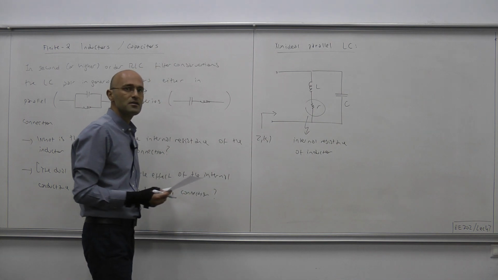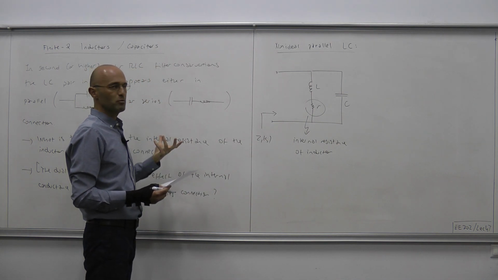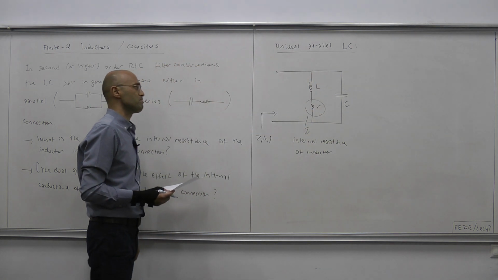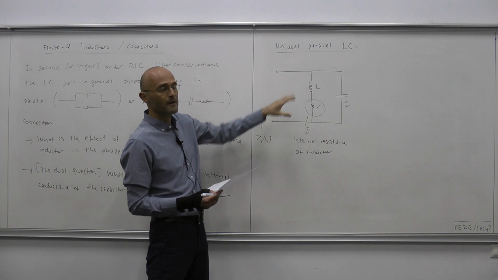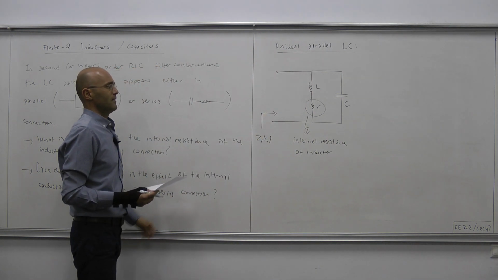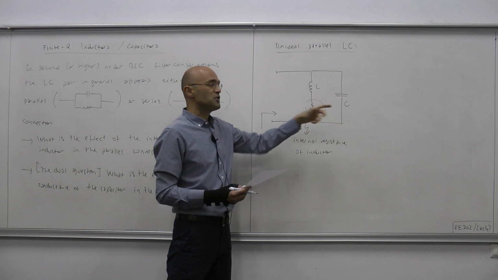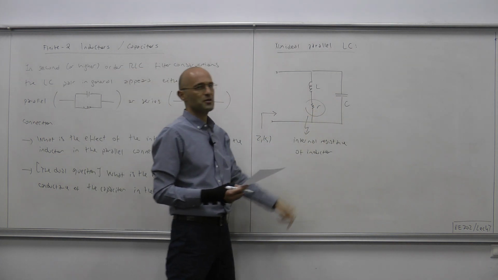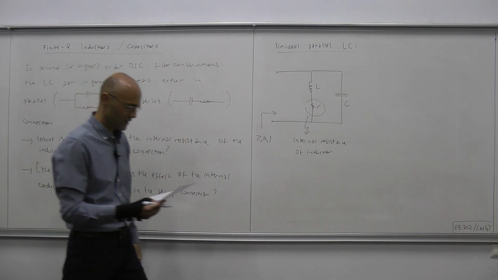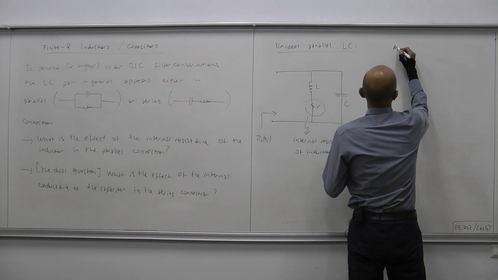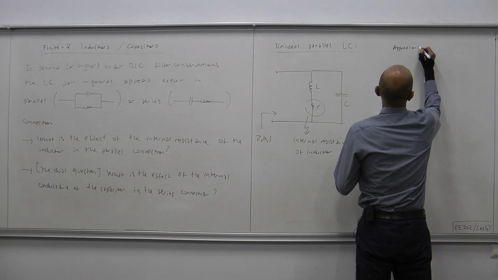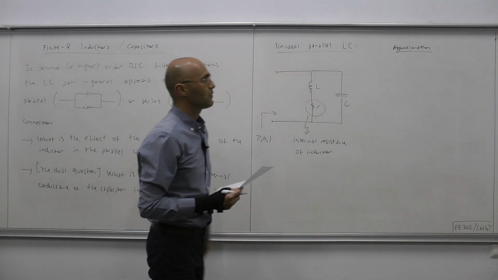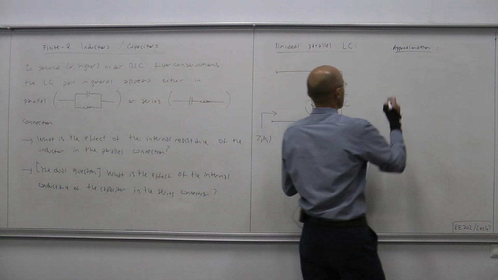So what we want to figure out is whether it's possible to approximate this one port by another one port where L and C appear in purely parallel form, and this resistance is thrown somewhere else. So this is the approximation, validity of which we will now try to figure out.